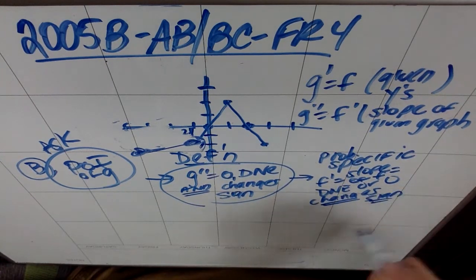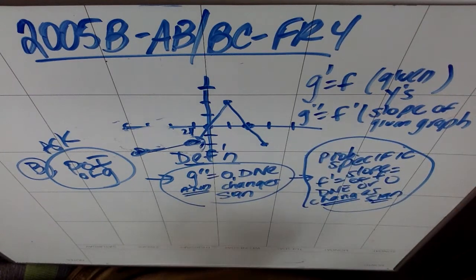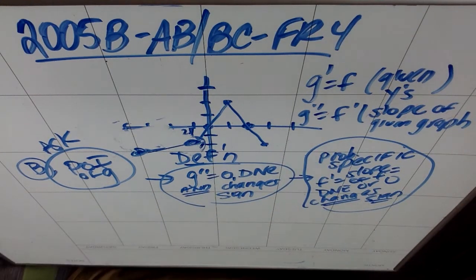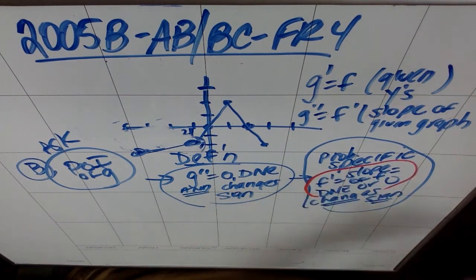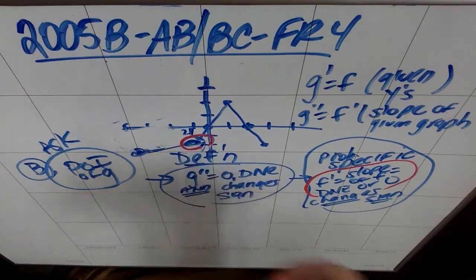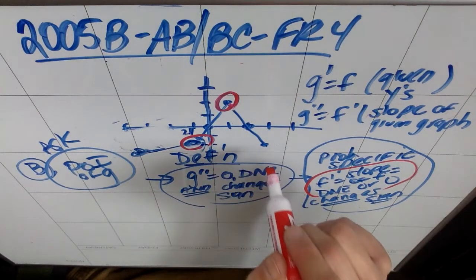So that's what I need to find, the spots where the slope of this graph either does not exist or is 0, and we can find those pretty quickly. So the spots where this thing's slope does not exist or is 0 are here, here, and that's it, right?